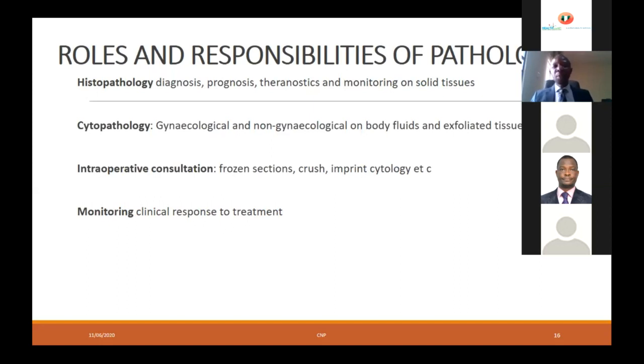Let me use the breast as an example of what I mean by that. For the breast, first of all, to make a diagnosis, you can even use it to do screening. After a mammogram is seen and the patient comes with a breast lump, the patient is asked some questions, physical examination is done, and the patient is sent to do a mammography or some radiological investigations or breast ultrasound.